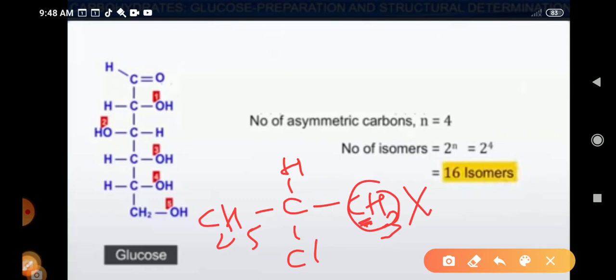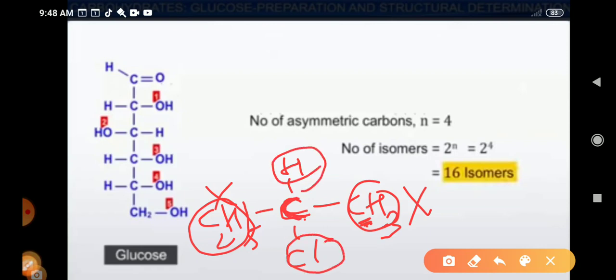Here 2 carbons are there, and on both carbon atoms the groups are similar, that is, H is there. It cannot be asymmetric. But in this carbon atom, one of the groups is H, another is Cl, then CH3, and C2H5.